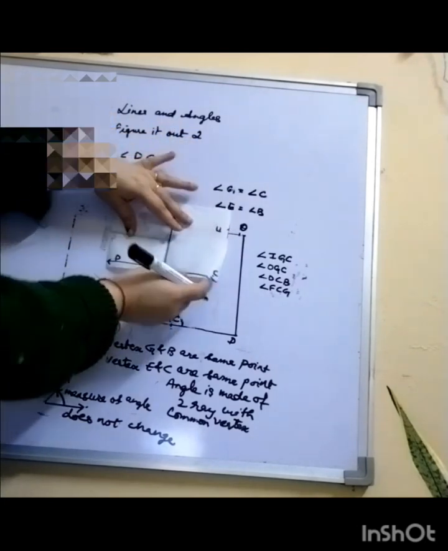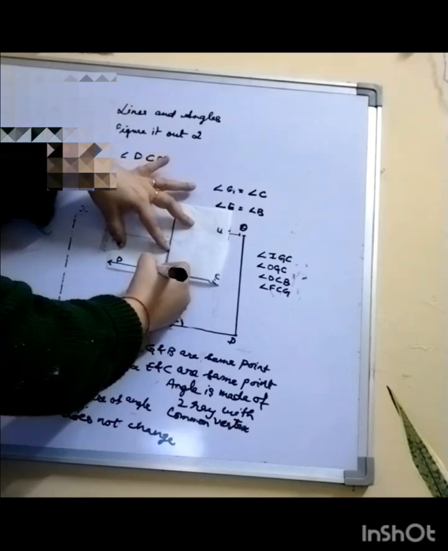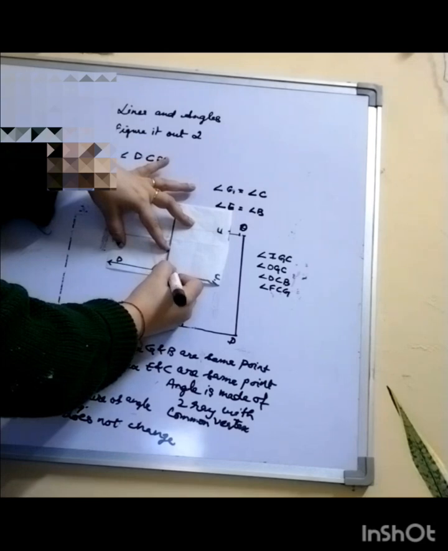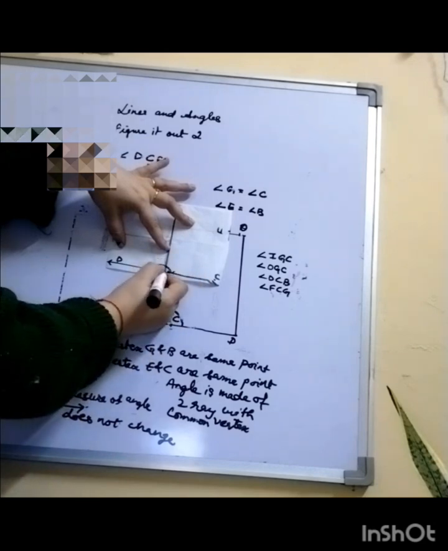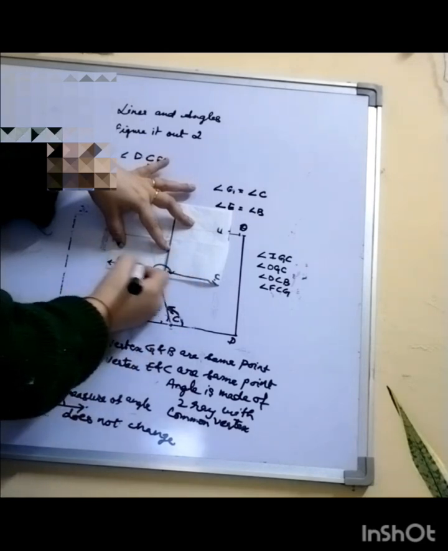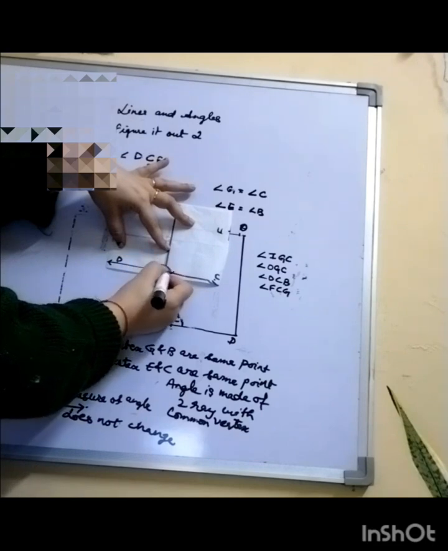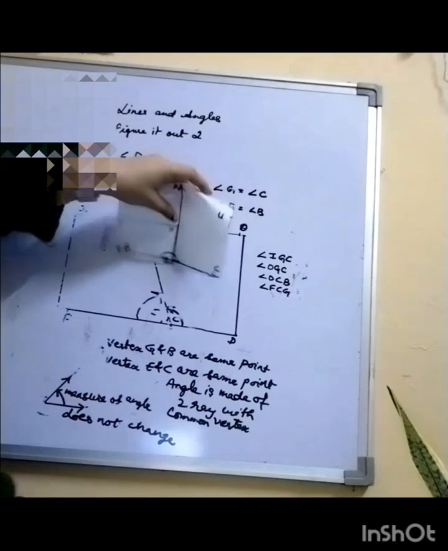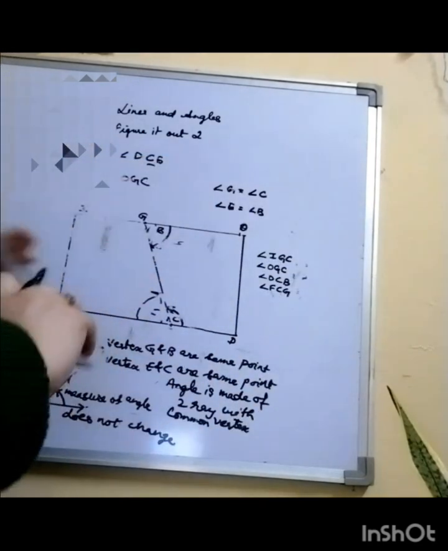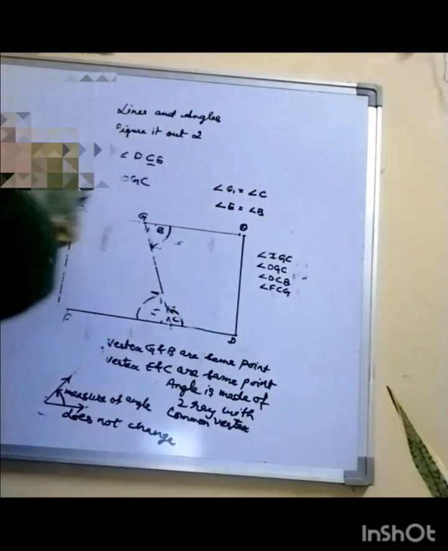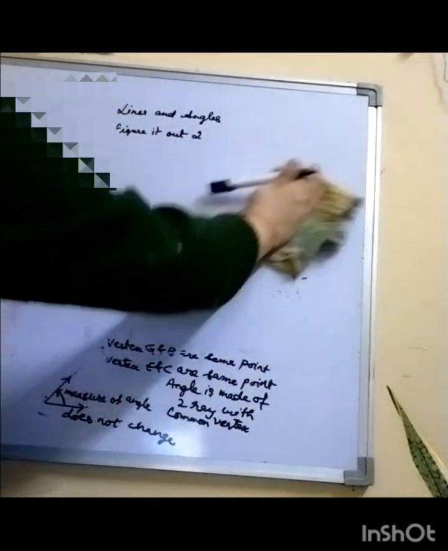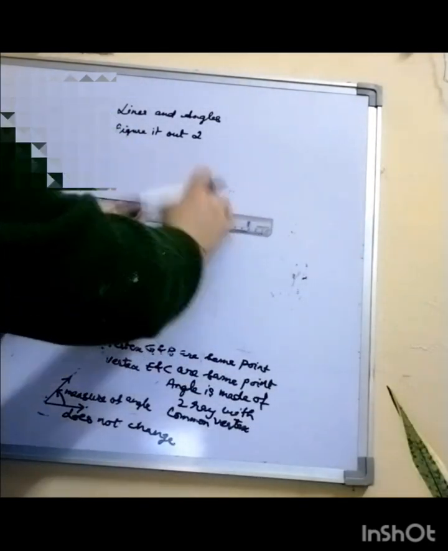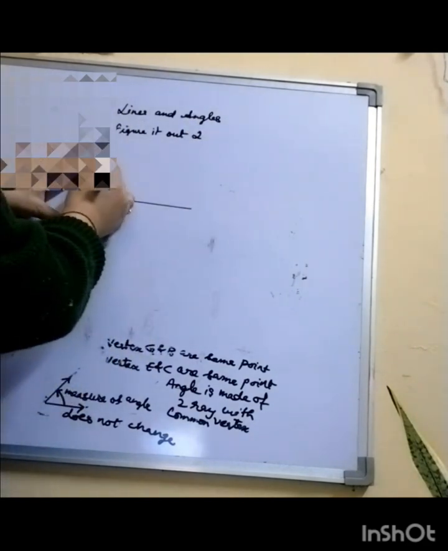Now the largest angle that a sheet of paper forms is this one, starting from ray BD and going to ray BC. Understand this like here.